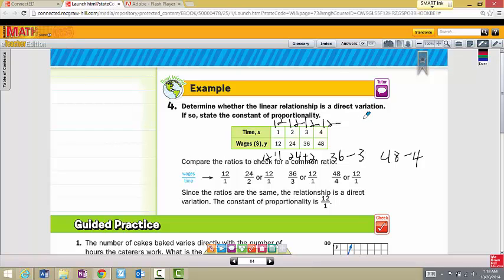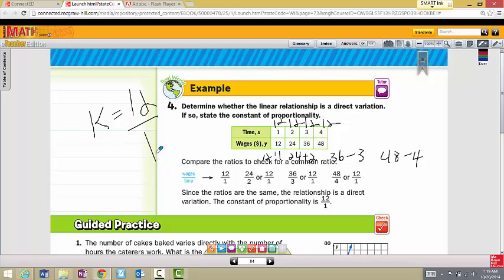Now, what is its constant of proportionality? Its constant of proportionality is going to be its slope. Well, it has a unit rate of 12, so its constant of proportionality, its k, is going to be 12, because it has a unit rate of 12 over 1.